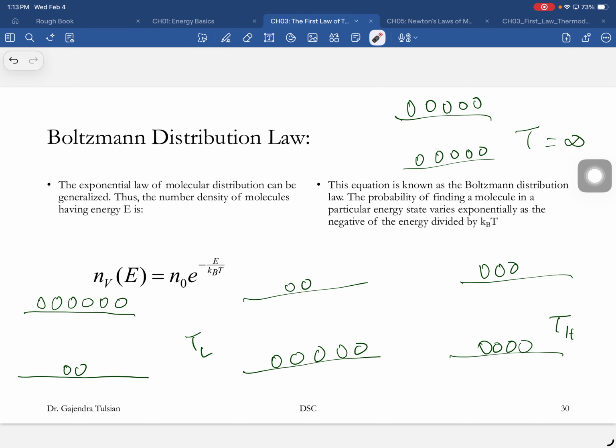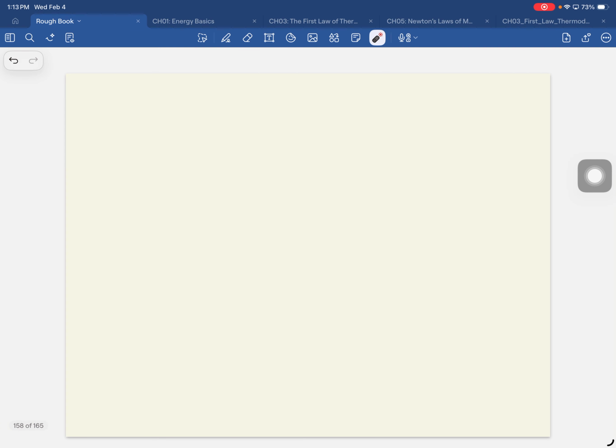How can you have higher probability for a higher energy level? If the temperature were negative. So you can think of this as this state being a negative temperature state. That's called a metastable state.